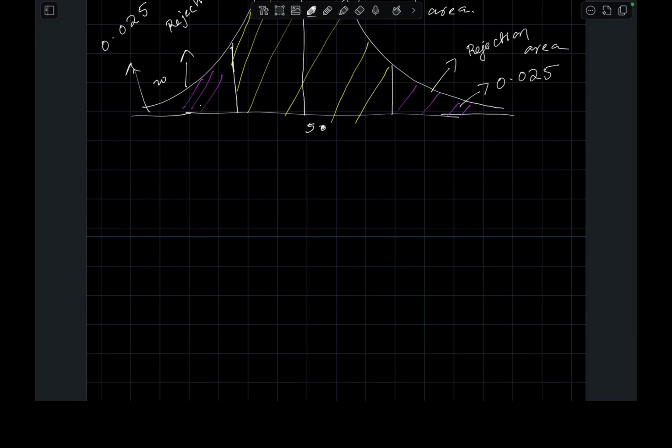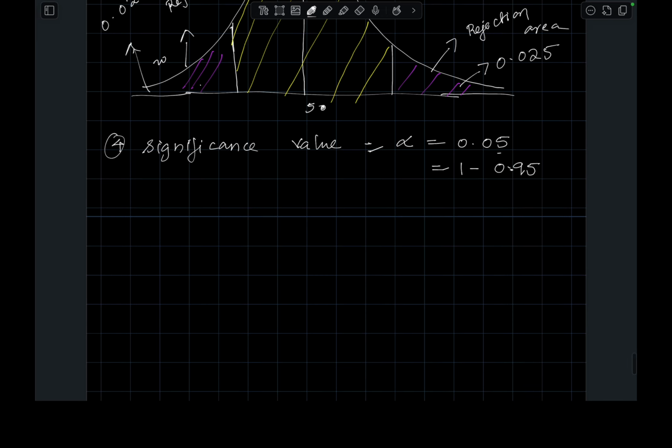The significance value is always denoted as alpha, which is equal to 0.05. How did that come? It is nothing but 1 minus 0.95, because we are taking the confidence interval as 95 percent. So this is how the significance value is calculated.